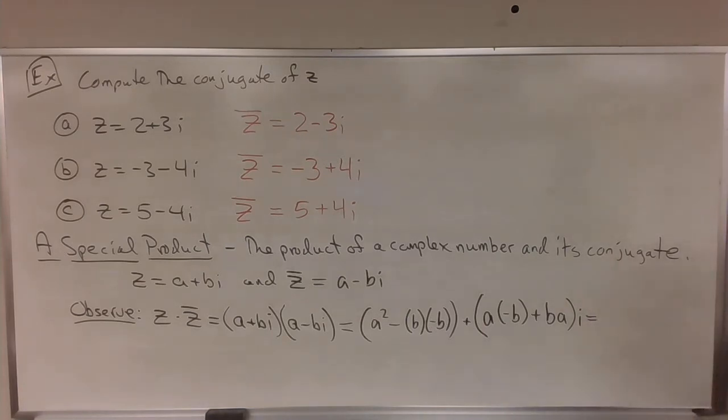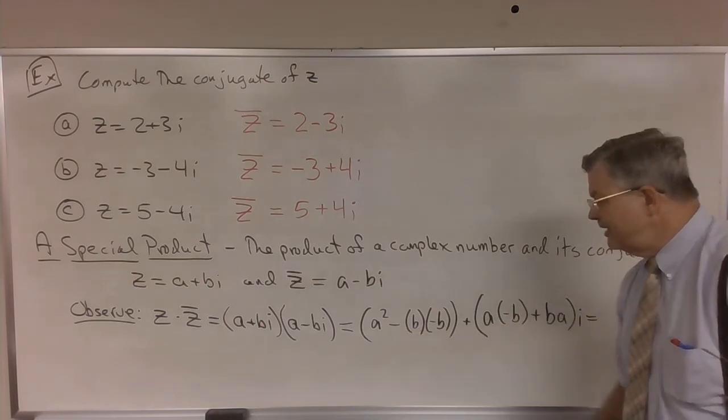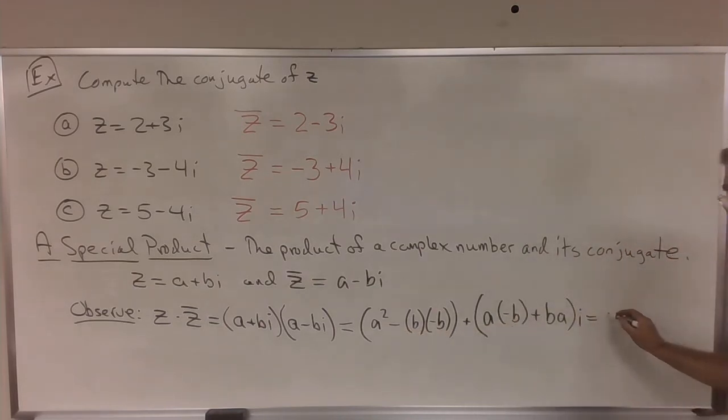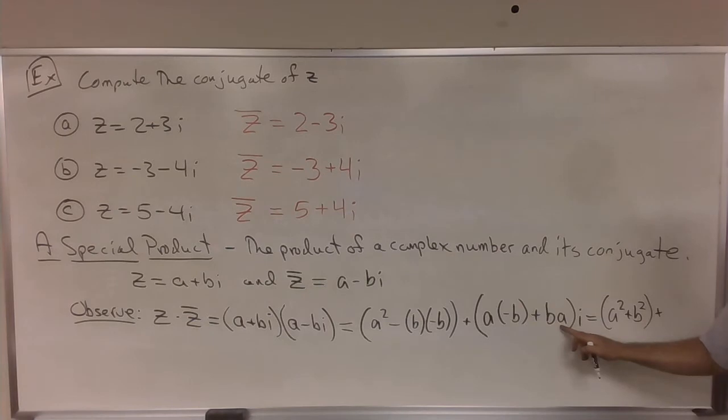And what does this turn out to be? A squared minus a negative b squared, so that's a squared plus b squared. That's the real part. And then we have negative ab plus ab, which is 0.